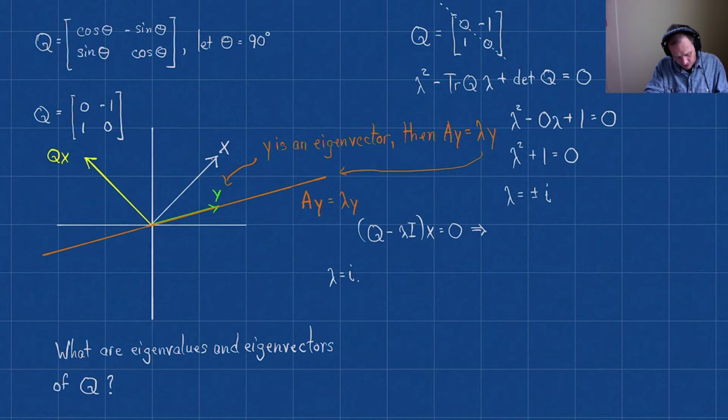That's going to be 0 minus i, minus 1, 1, and then 0 minus i. So this is the matrix: minus i, minus 1, 1, minus i.